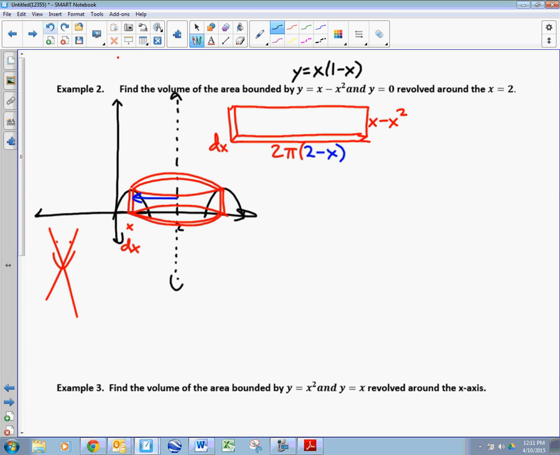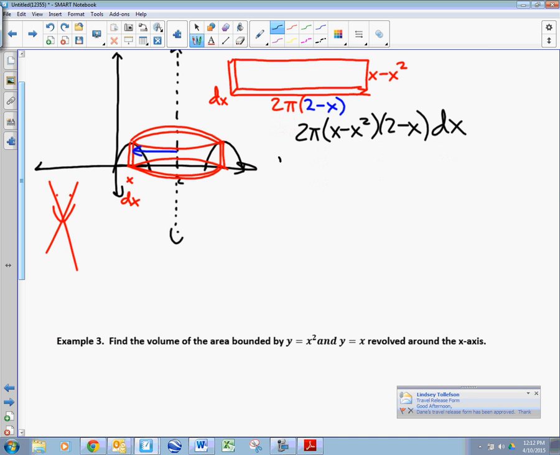So therefore, the volume of that piece is x minus x squared times 2 pi times 2 minus x times dx. It's the volume of a single slice. I do an infinite number of slices. 2 pi from what to what? 0 to 1. Your original area is how you bound it.